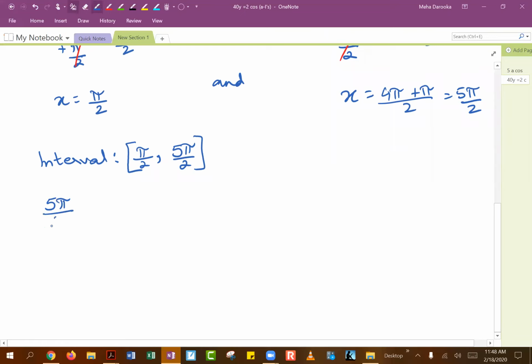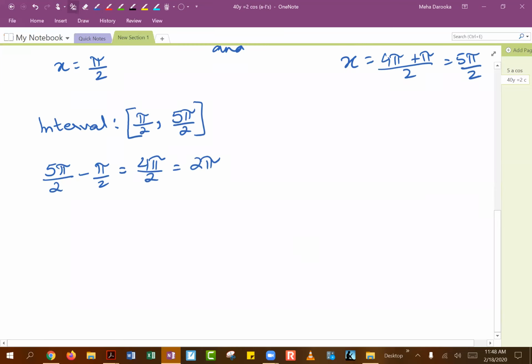It will be, again, 2 pi, yeah, because you're going to do 5 pi halves minus pi halves, which is 4 pi halves or 2 pi. And then remember, you break it up into 4 equal parts. Then you take that 2 pi, divide by 4, and again, what do we get? Oh, very good, pi over 2.